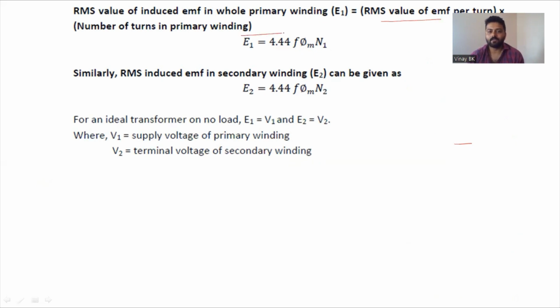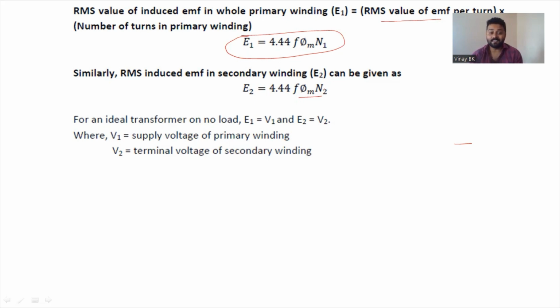So the EMF equation of the transformer in the primary winding is E1 equals 4.44 f phi m into N1, where N1 is the number of turns in the primary winding and E1 is the EMF produced, or the voltage across the primary winding. Similarly, the RMS induced EMF in the secondary winding E2 is given by 4.44 f phi m into N2.